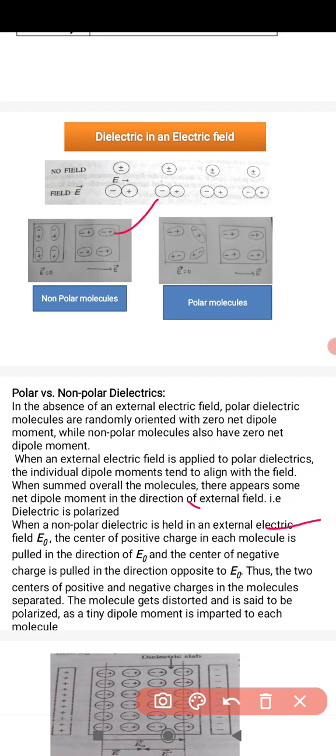In the presence of an external electric field, E naught, the center of positive charges in each molecule is pulled in the direction of E naught. Here we can see that the positive charges are pulled in the direction of the applied electric field, and the negative charge is pulled in the direction opposite to that electric field.